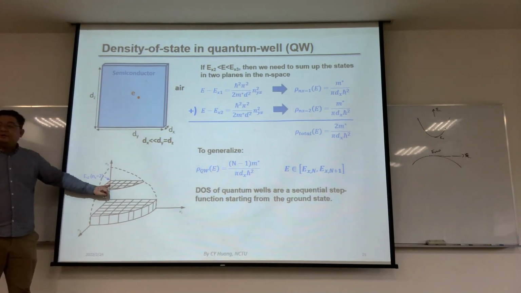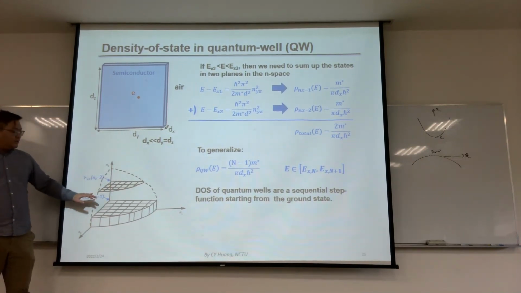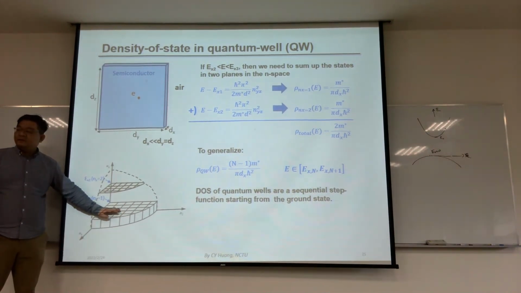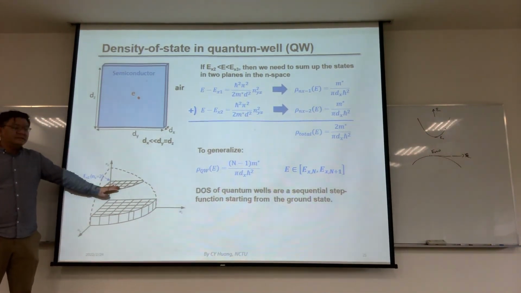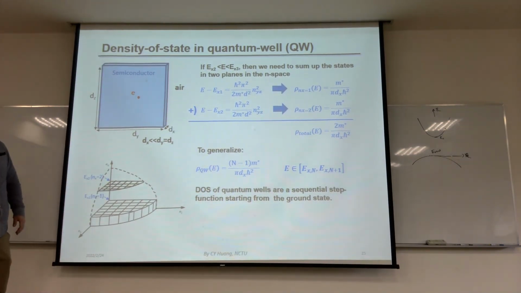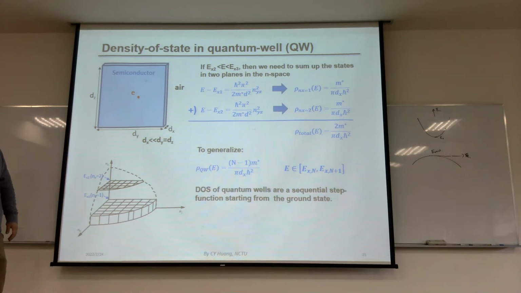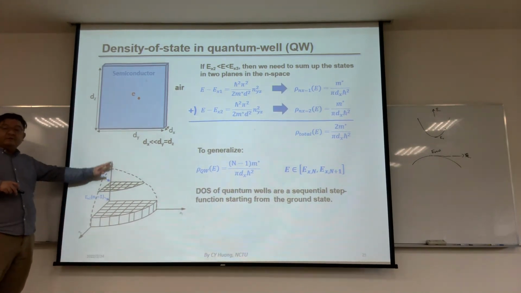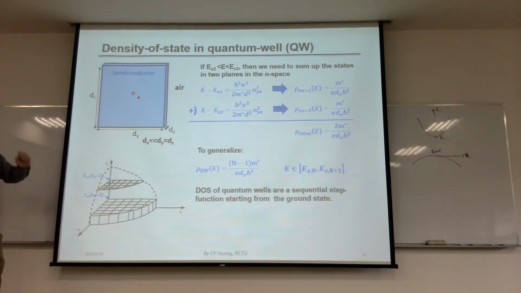It will include the two planes. So you need to do the statistics at the first plane, then also do the statistics at the second plane. Then sum it up. So when your energy is higher than E2, the density of states will double, because you need to calculate the density of states from two planes.